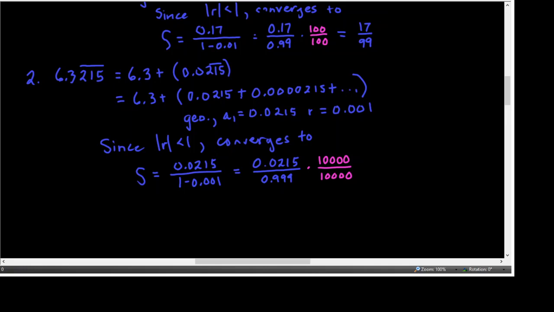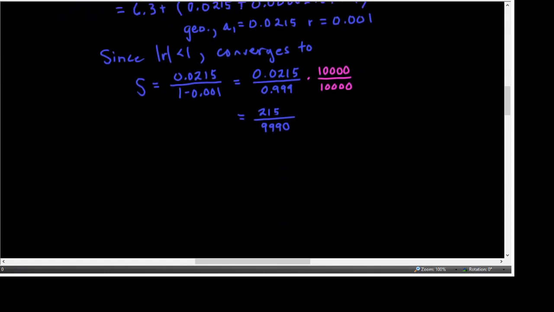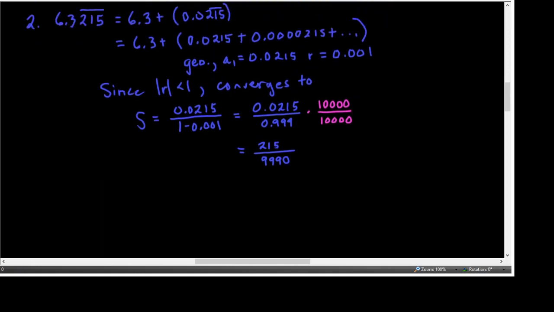And that becomes 215 over 9990, because when we move it to the right in the denominator, we have to add a 0 to go one more place. And then that's the sum of the geometric series.